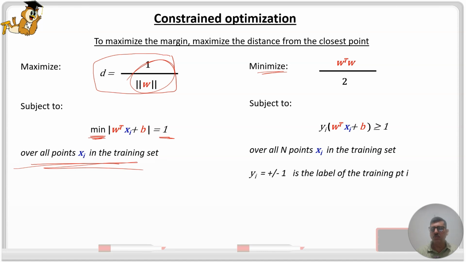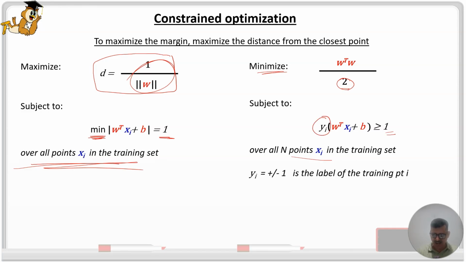We are going to minimize W transpose W divided by 2. We're just putting this 2 over here as a matter of convenience. So minimize W transpose W divided by 2 subject to yi times W transpose xi plus b being greater than or equal to 1 over all n points xi in the training set.